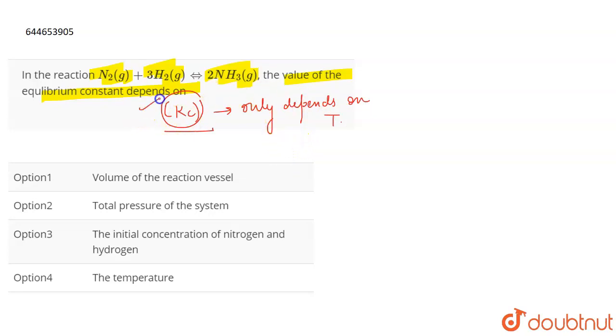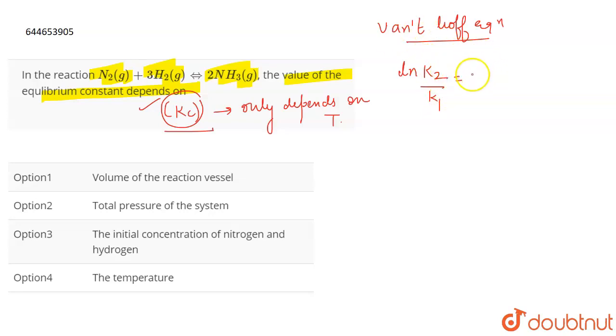The relationship of the equilibrium constant with temperature is given by the Van 't Hoff equation, which shows the temperature dependence of the equilibrium constant. That is given as ln K2 by K1, where K2 represents the equilibrium constant at temperature T2 and K1 represents the equilibrium constant at temperature T1.